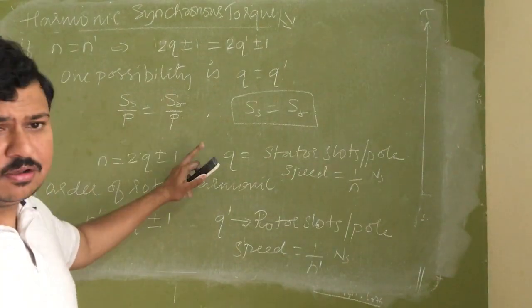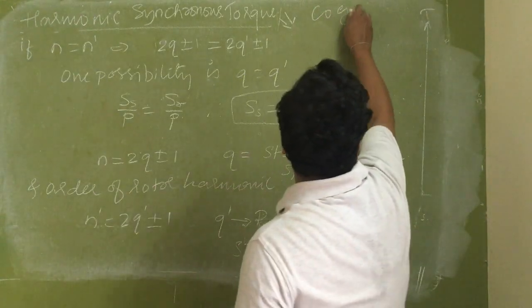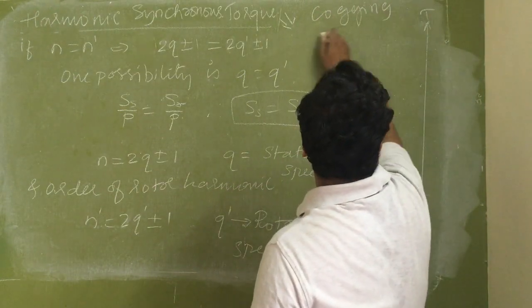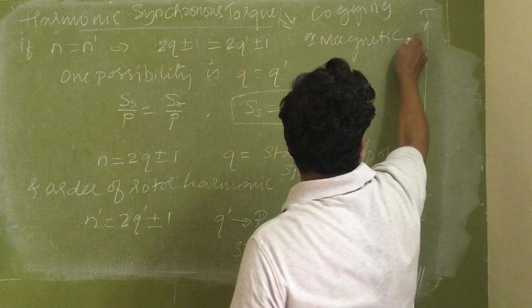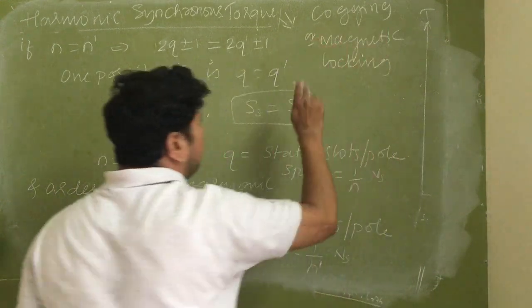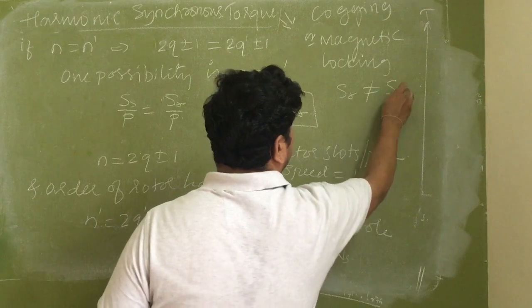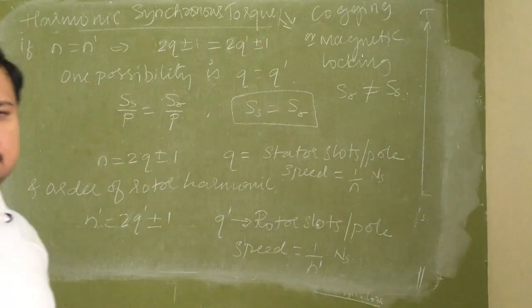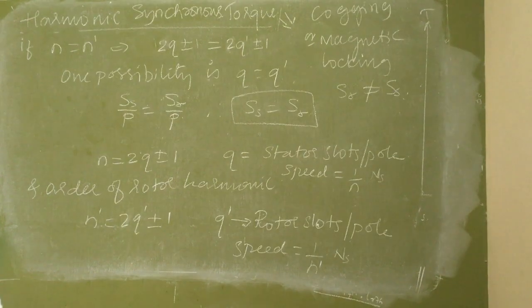So to avoid cogging or magnetic locking, my rotor slots should never be equal to stator slots. This is a compulsion for a 3-phase induction motor if the rotor is cage type.